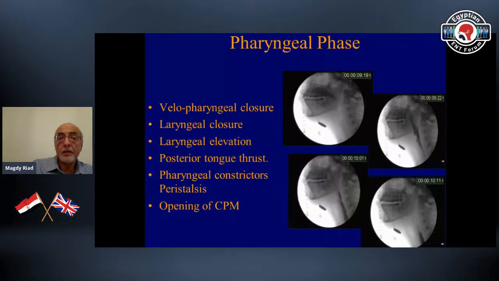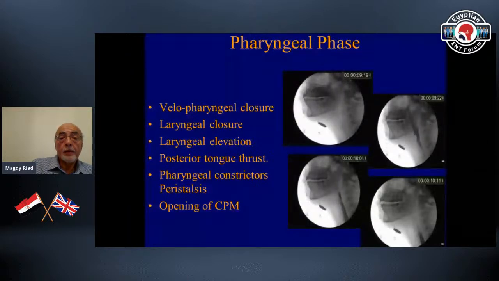And it passes into the hypopharynx, not the nose, and not the larynx, because the larynx had closed and is elevated and pushed forward. And the peristaltic wave plus the pressure generated by the base of the tongue would push the bolus down. And if the upper esophageal sphincter is opened, then the bolus will pass into the esophagus and the pharynx will be clear from any residue.